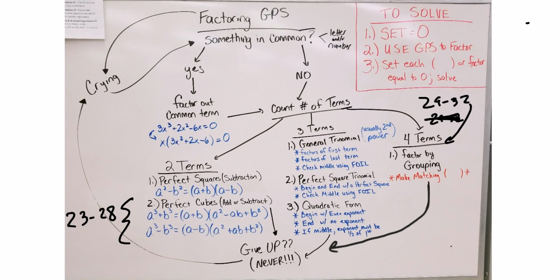Now, numbers 33, 34, and 35 are all going to be using this one here. So this is 33 to 35. Remember, it has to begin with an even exponent, end with no exponent, and if there's a middle, the exponent must be half of the first. So I look at 33. It's x to the 6 minus 100.